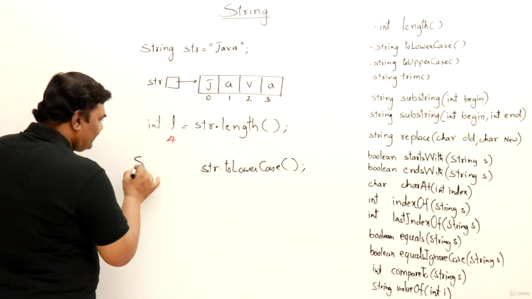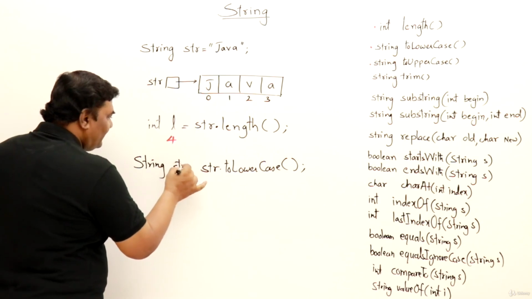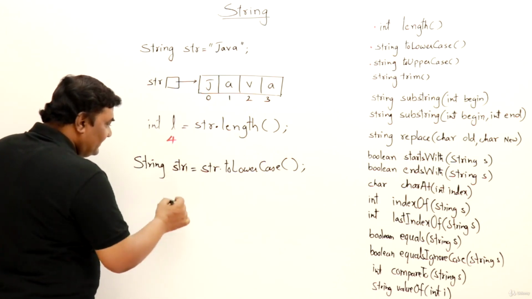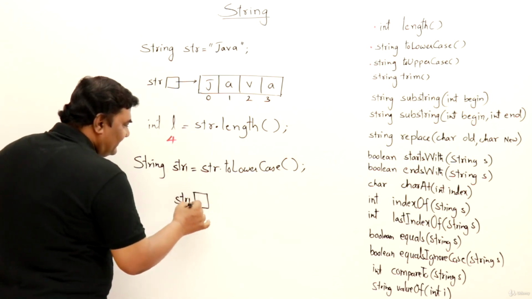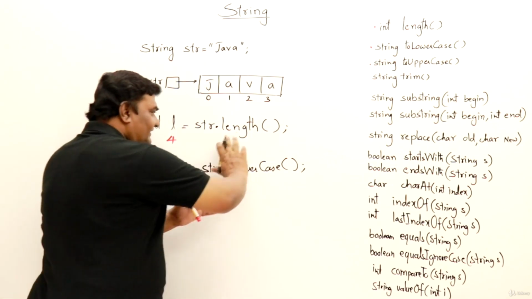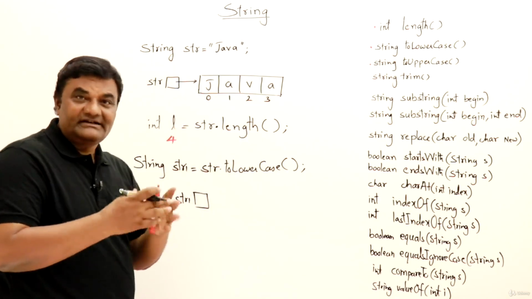So I'll take one more string reference. I'll declare String str1, assign this one. So now after this, str1 is a new reference, and here toLowerCase will create a new object with all lowercase and return that object.